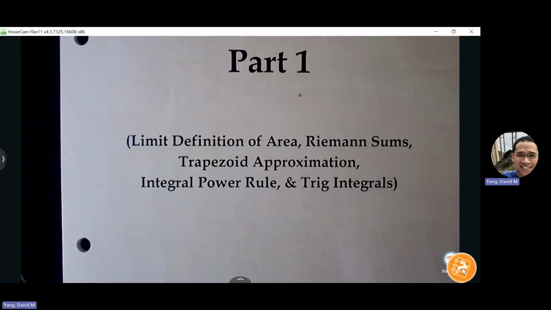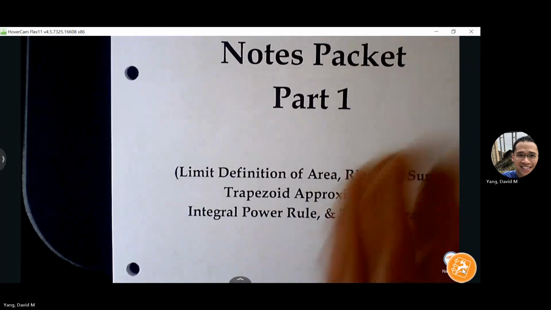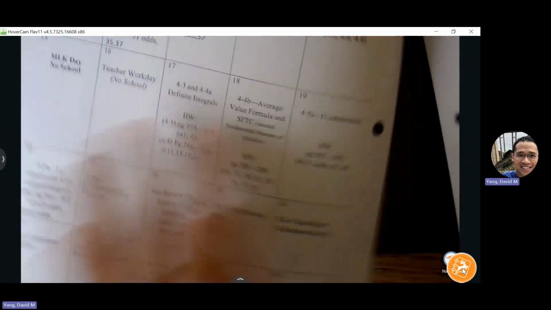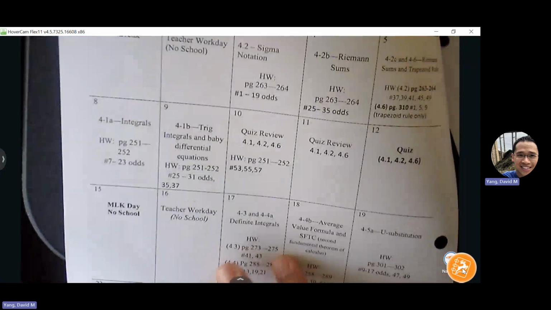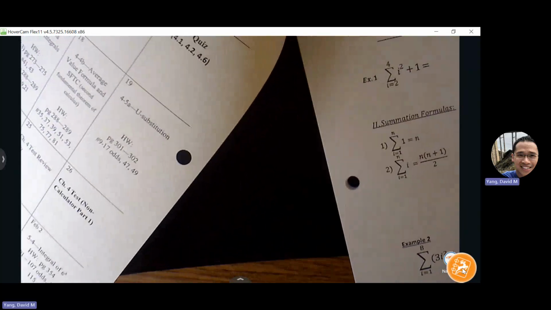Okay, I'm going to flip through the packet here. On the inside cover is your calendar. Now this is the first packet, so this will only cover up to the quiz.